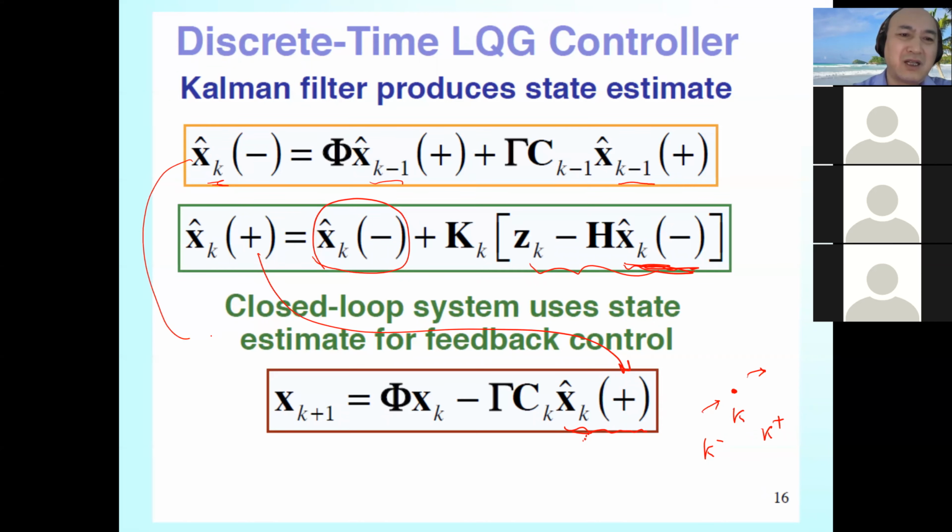And you cannot do that; you have to go here and get further corrected. So that's why in the Kalman filter you have this kind of concept. You need to recursively update it.